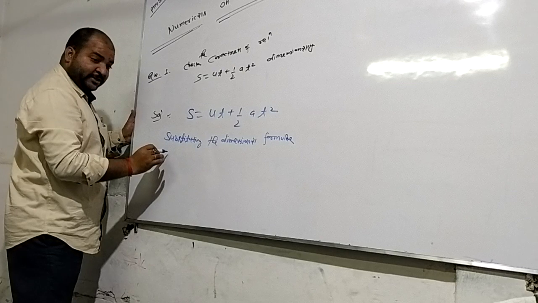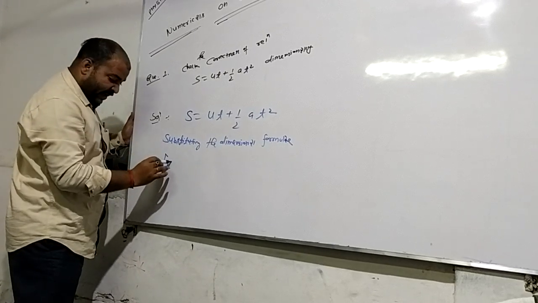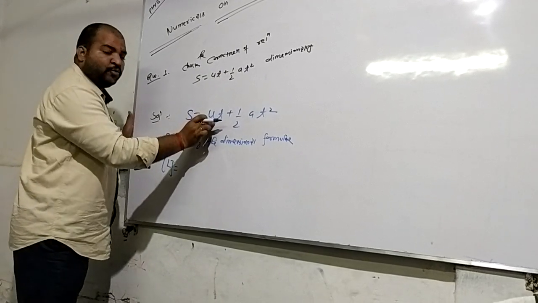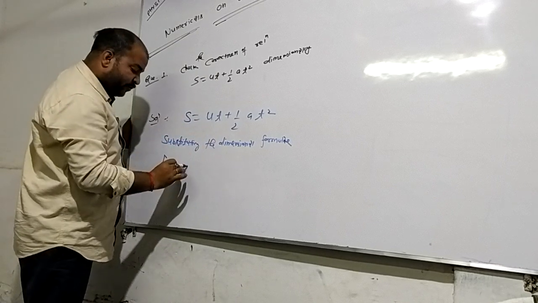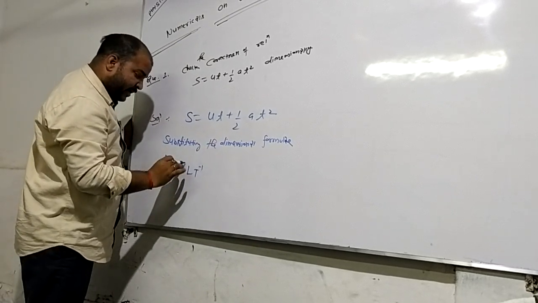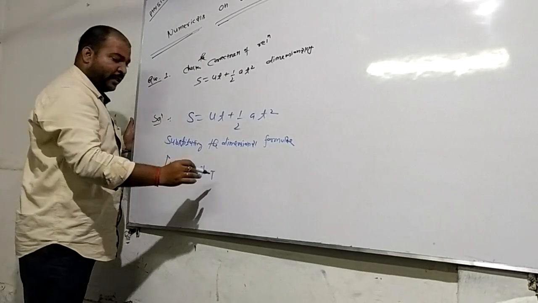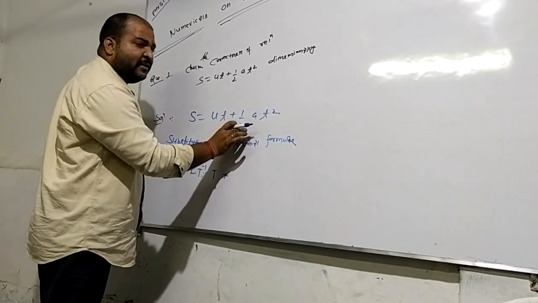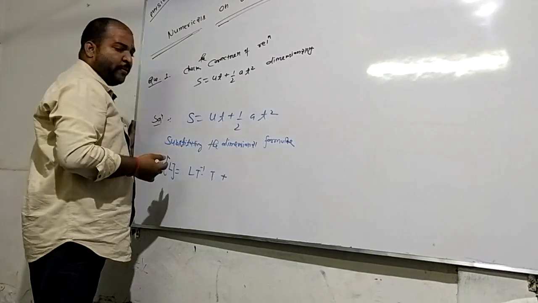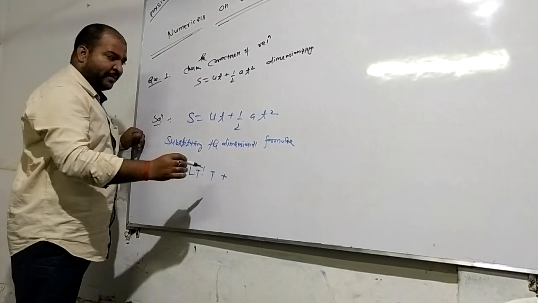On the left, S denotes distance, that means length L. U represents velocity, so LT minus 1, and time is T. Plus half is a numerical constant, so no dimensional value.